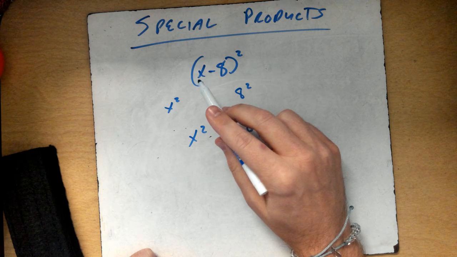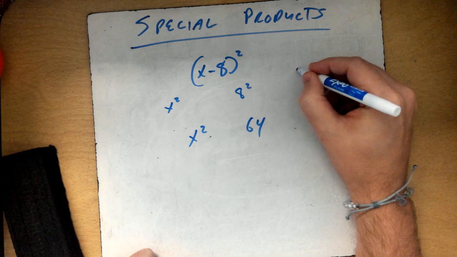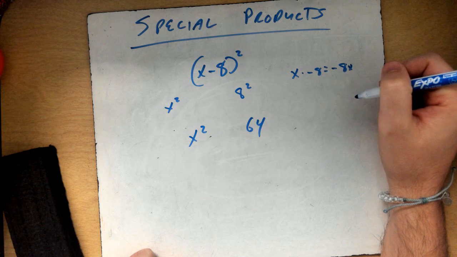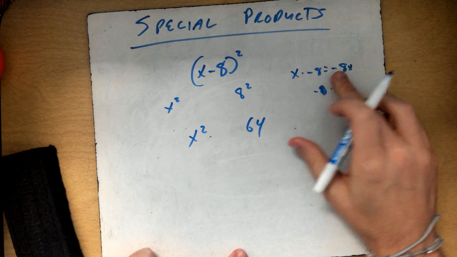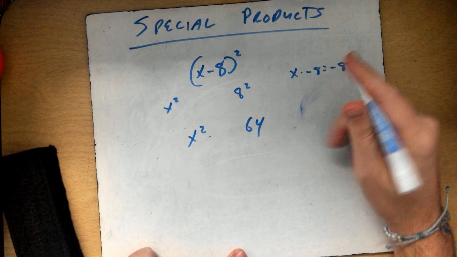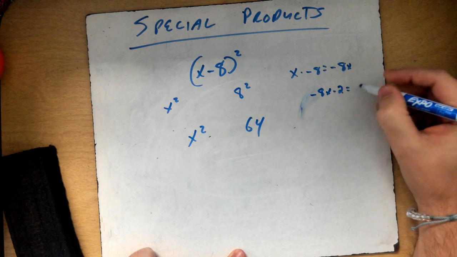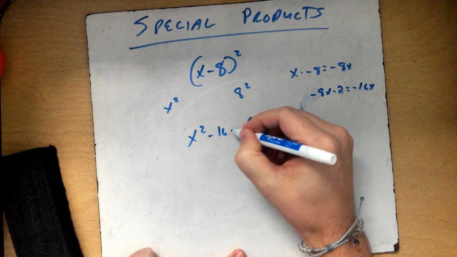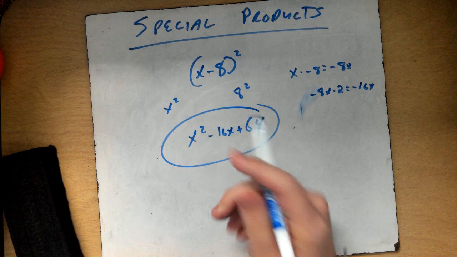Now, multiply, so x times negative 8, that minus turns to a negative, so x times negative 8 equals negative 8x, right? And then multiply negative 8x times 2, and negative 8x times 2 is a negative 16x.